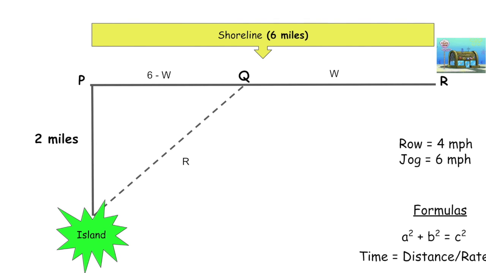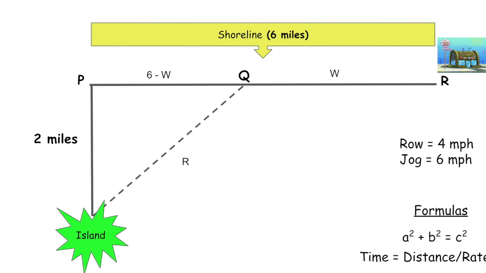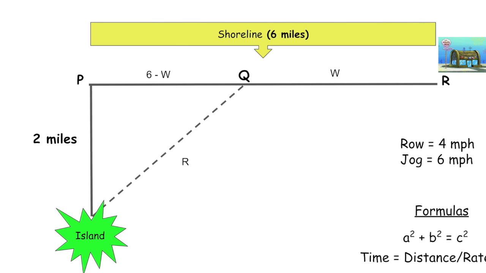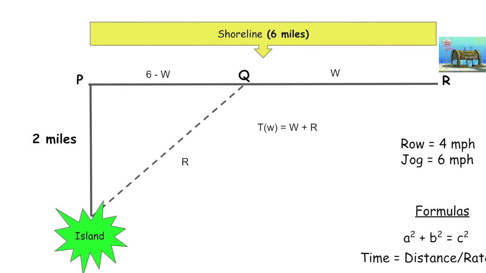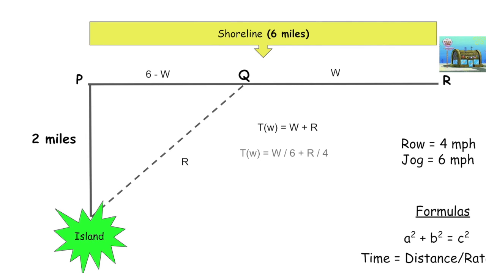Now if we know that W is from point Q to R and the total shoreline is 6 miles, we can determine that from point P to Q is 6 minus W, or the total minus W. And we're going to want to add W and R, well, the rates of those, in order to determine the total time it will take to get to the restaurant from the island.